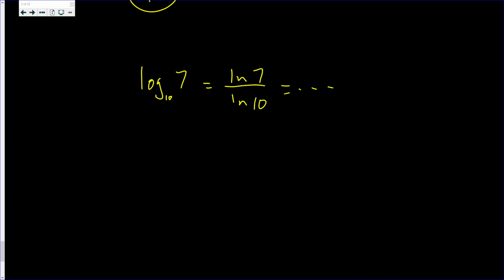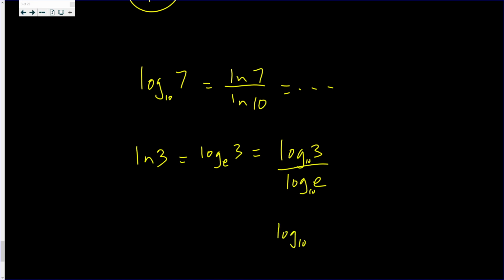Crank it through. Likewise, if you're asked to calculate ln of 3, which is shorthand for log base e of 3, and your ln button isn't working, it's log 3 over log e, and this is base 10. And remember, this is not 1, because 10 to the 1 is 10, which doesn't equal e.